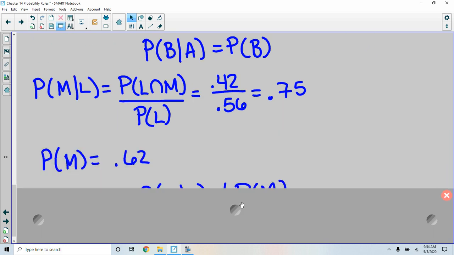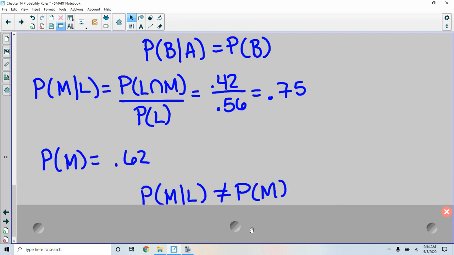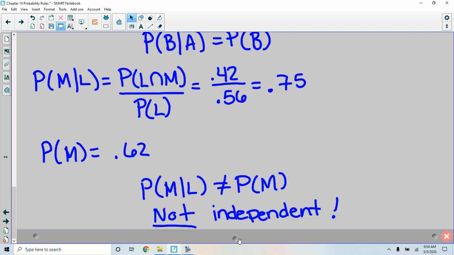And we know from the problem that the probability of anybody having a meal plan is 62%. Those two probabilities are not equal, and therefore they're not independent. That means that living on campus changes the probability that you have a meal plan. And that probably makes sense. More people who live on campus are going to eat on campus as well.